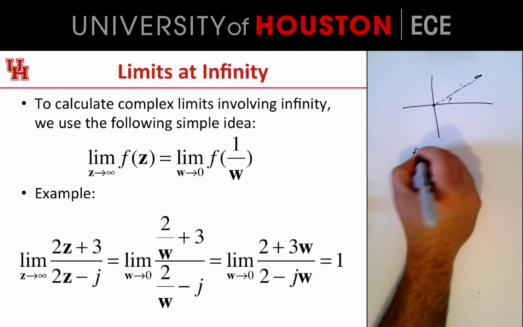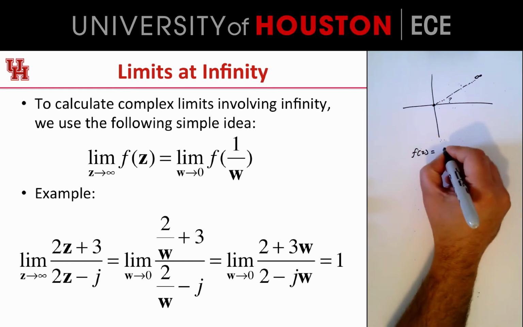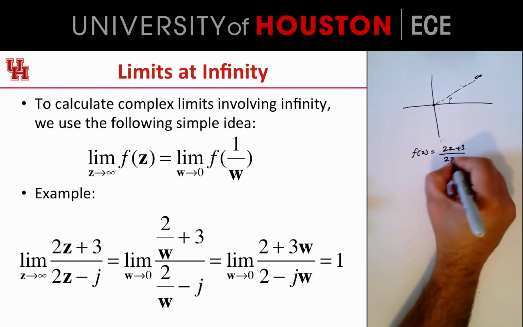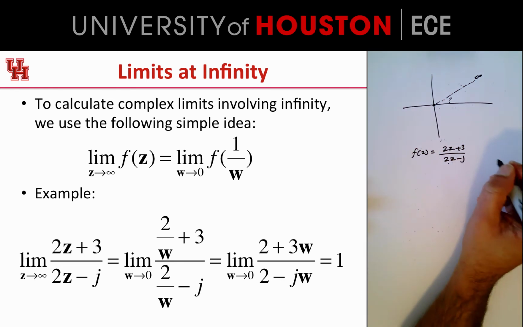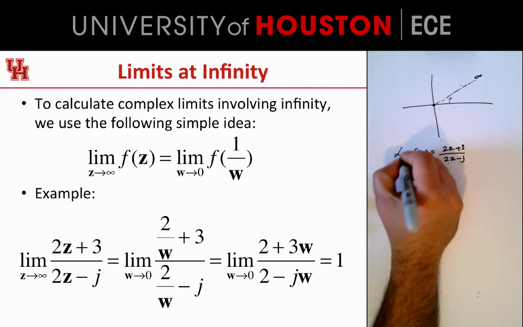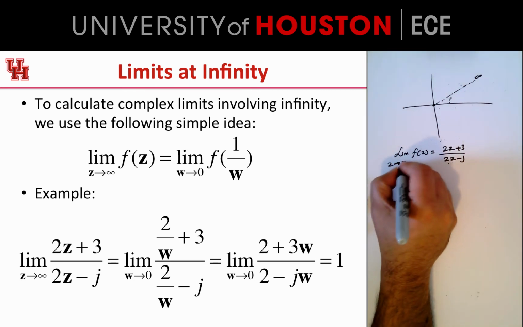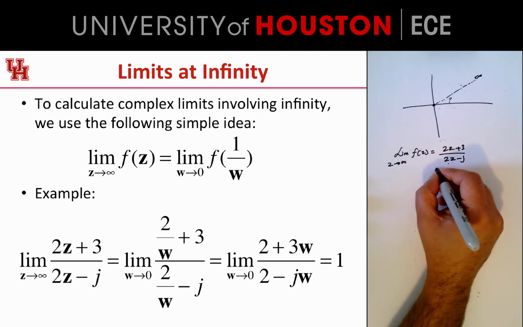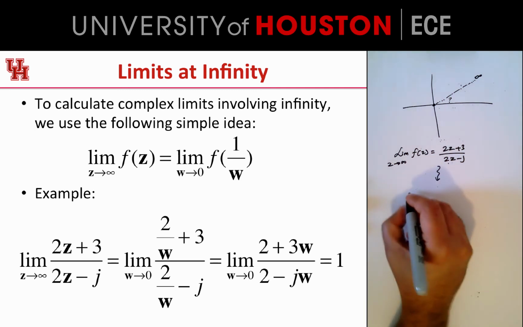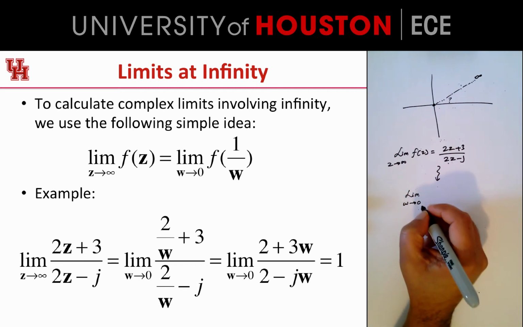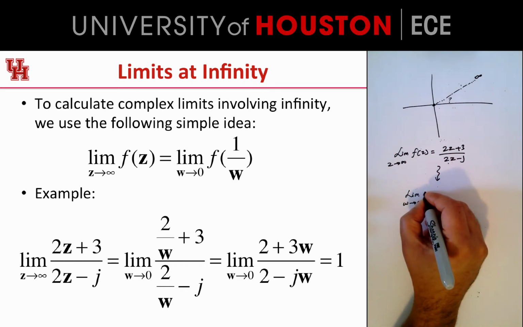Suppose f of z is, say, 2z plus 3 divided by 2z minus j. Now, if I'm interested in the limit of this as z tends to infinity, then this can be transformed into a new problem where we say limit as w tends to 0, where w is 1 over z.